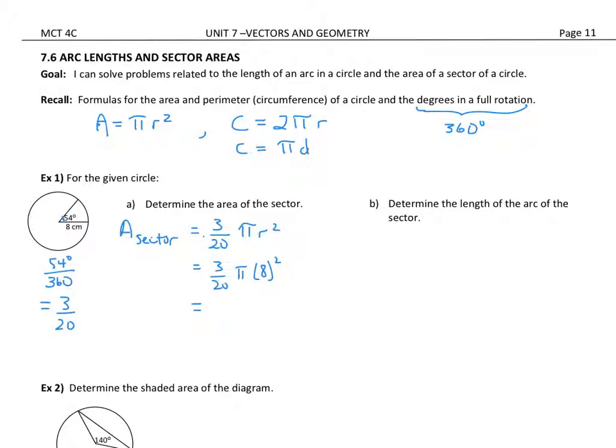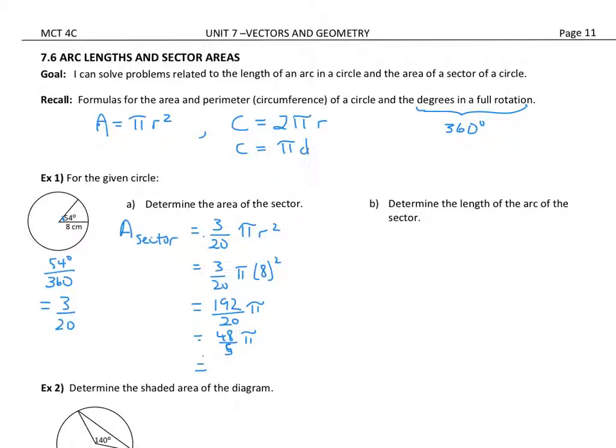That gives me 192 out of 20 times pi, which could go into lower terms. 192 over 20, using my fraction button, I get 48 over 5 pi.